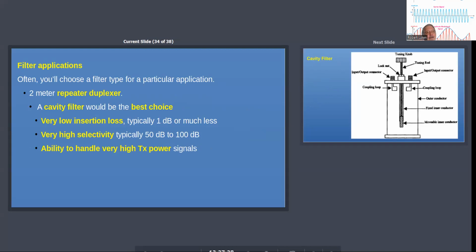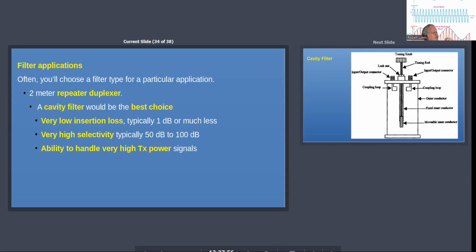Okay, so in applications, one of the things would be a 2-meter repeater duplexer. I'm going to have to go actually see one someday. I've never physically seen one. What, a cavity filter? Normally that's what you would use for a duplexer on a repeater.